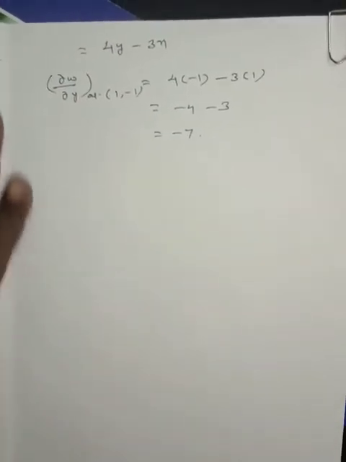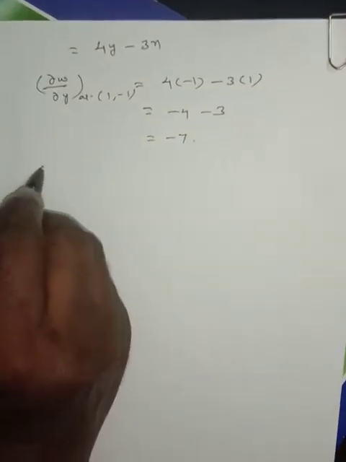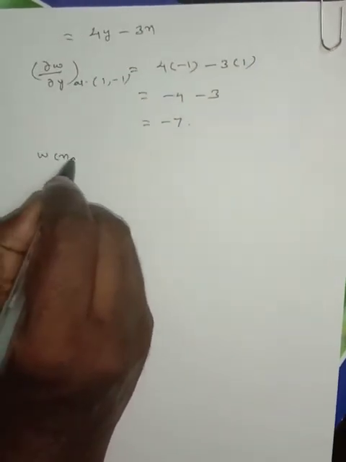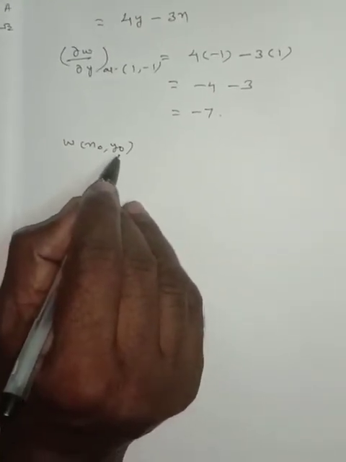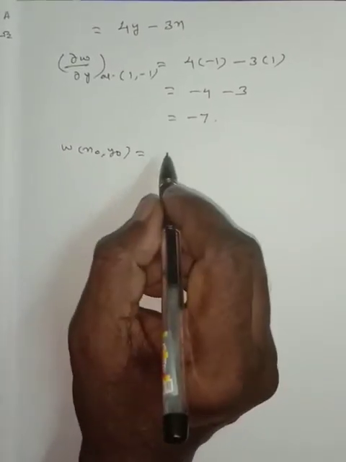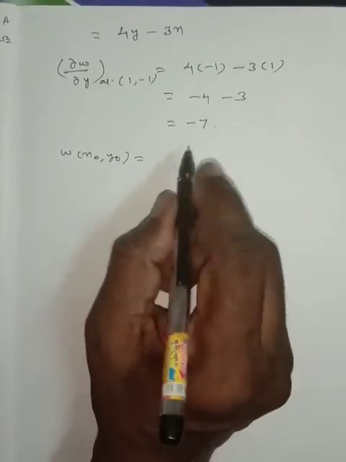Next w of x naught, y naught. x naught is 1, y naught is minus 1. Apply in the given function w of x, y.